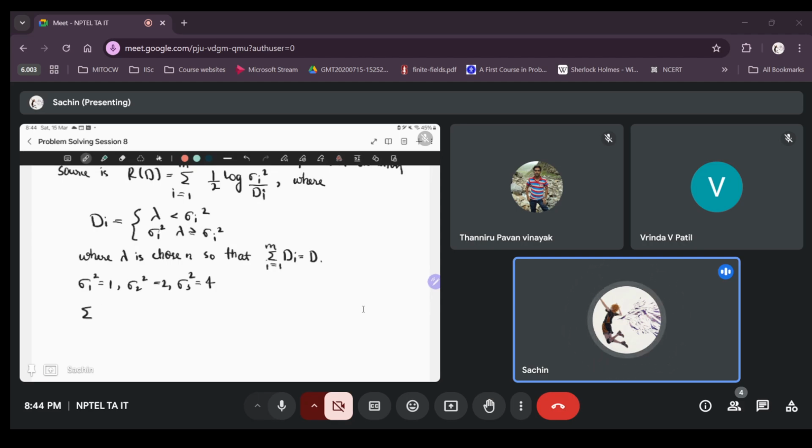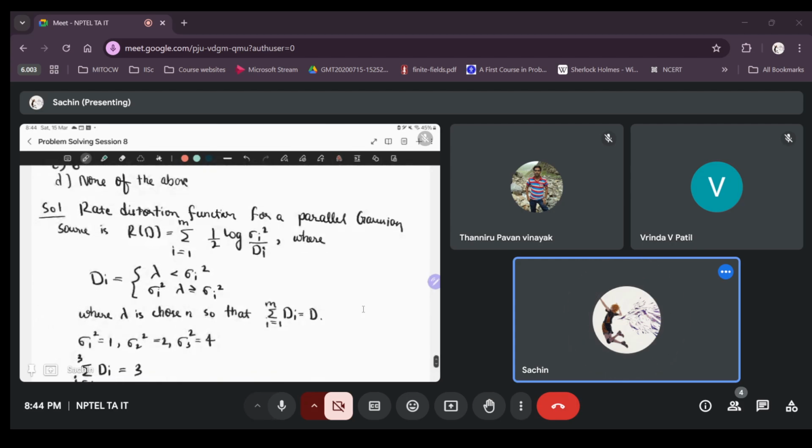The sum of di for i equal to 1 to 3 is, in our question, 3, since D is equal to 3.